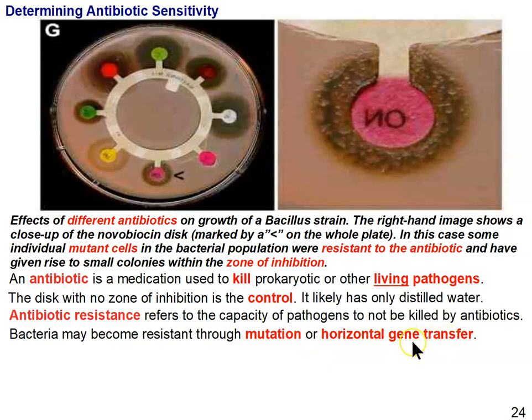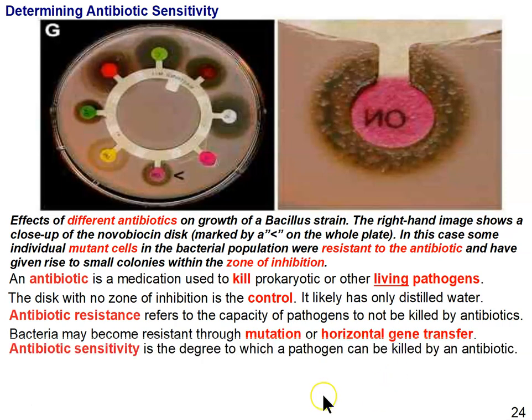Remember conjugation, for example: a copy of the plasmid will be transferred from one bacterial cell to another, and that plasmid might have the genes for antibiotic resistance. In that way, a bacterial cell can give another bacterial cell the ability to resist antibiotics, and that antibiotic resistance can spread through a whole population of bacteria that might be making you sick.